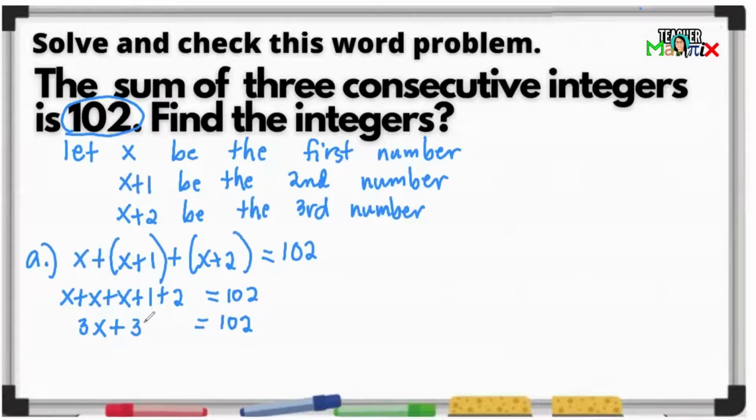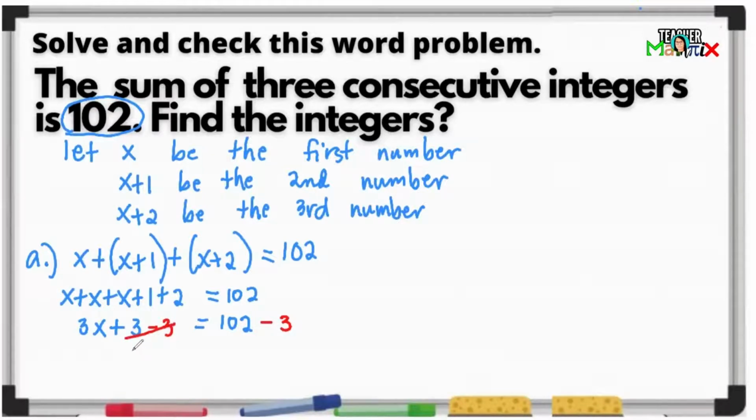Since this is positive 3, put negative 3 to make it 0, or to eliminate. So writing negative 3 at the left, and then negative 3 at the right. Let's now eliminate.